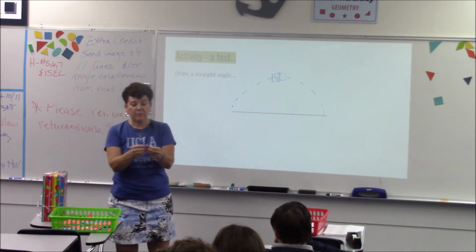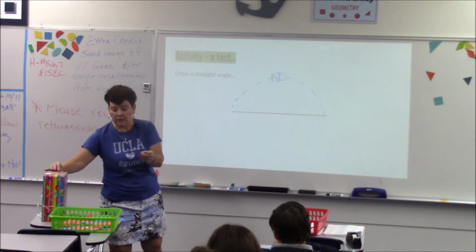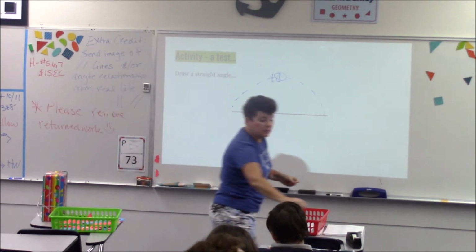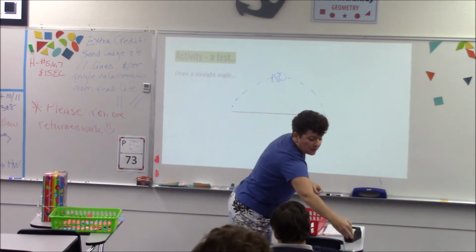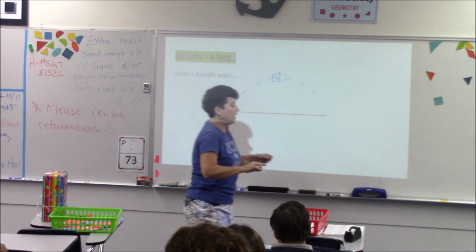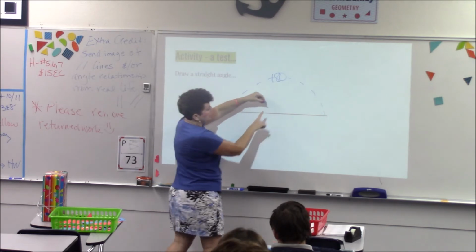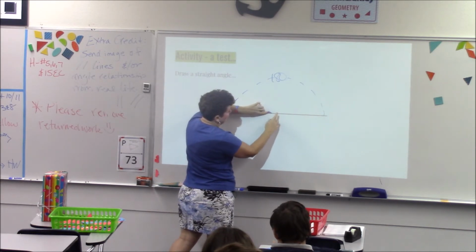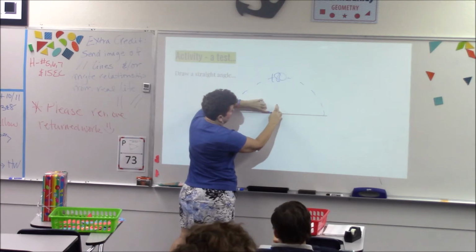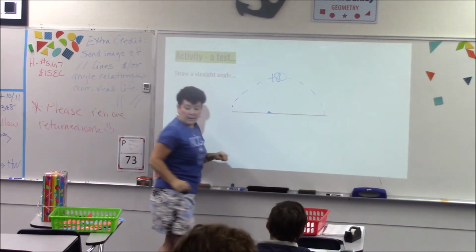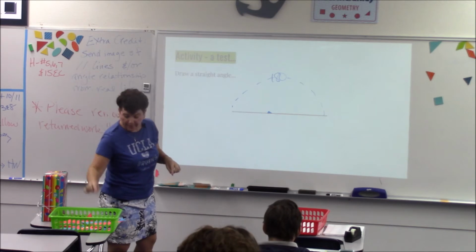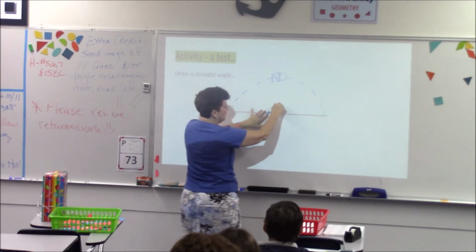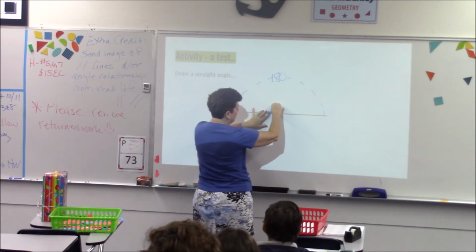Now, you know where the vertices are on your little pieces, all right? I want you to put those vertices all together on that line. So this is what you're going to do. You've got the point here. You're going to put it on that line. Then you're going to put the next one so that the vertex of your second piece touches the vertex of your first piece.